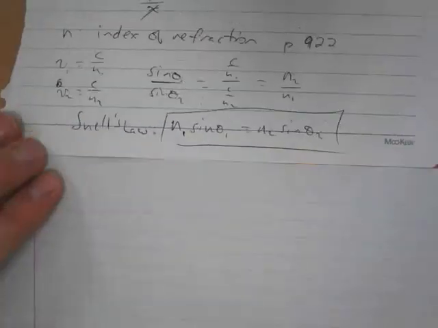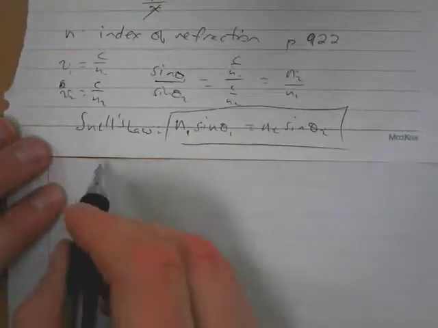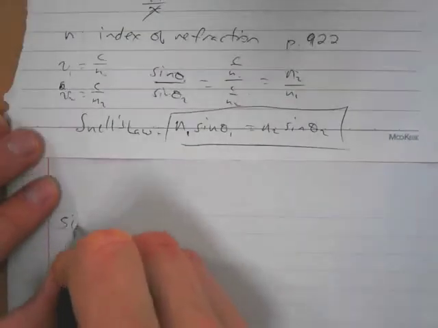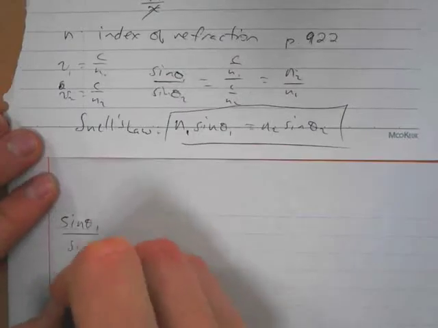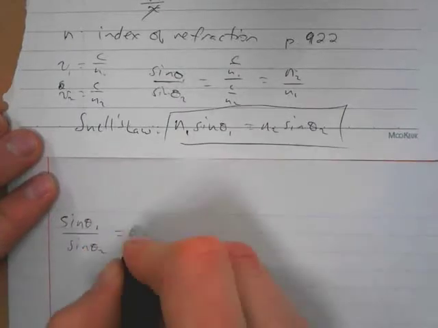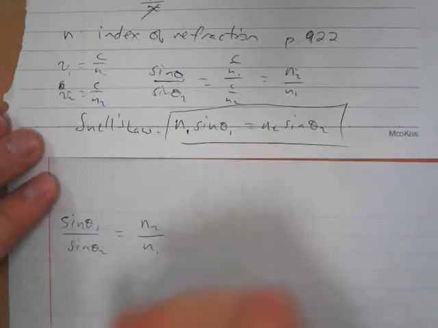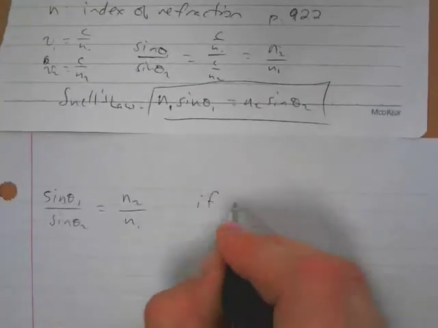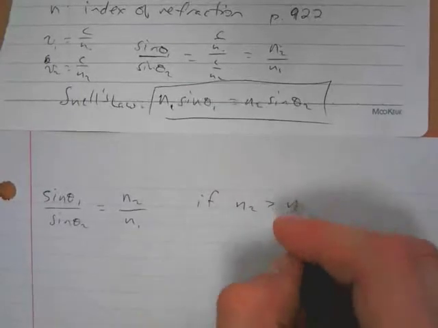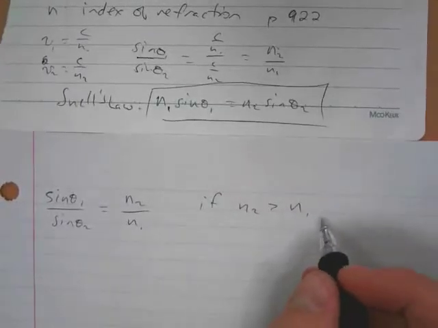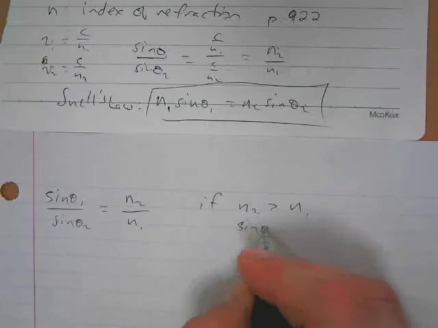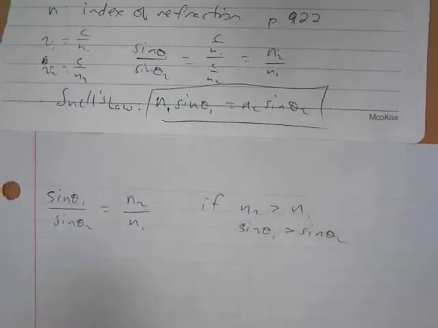Now let's look at our equation to do some qualitative stuff. Going back a step, we had this. Okay. So let's see what happens here. If n2 is greater than n1, that means that sine theta 1 is greater than sine theta 2. Okay?